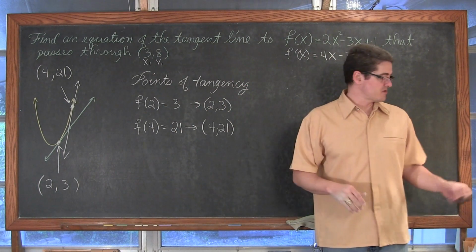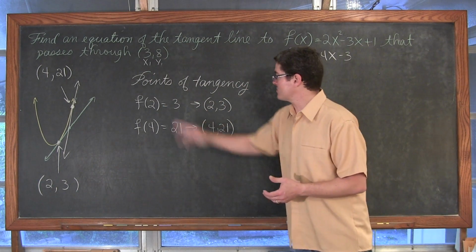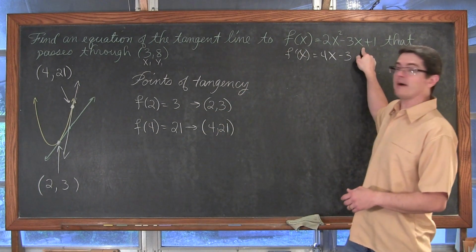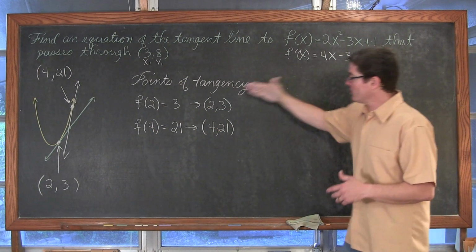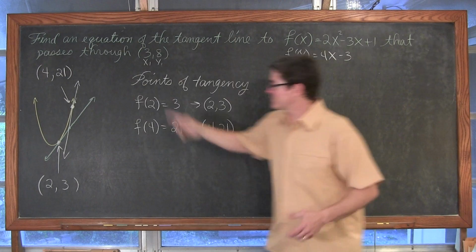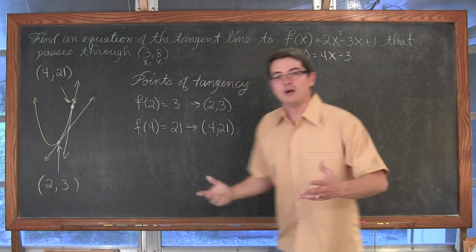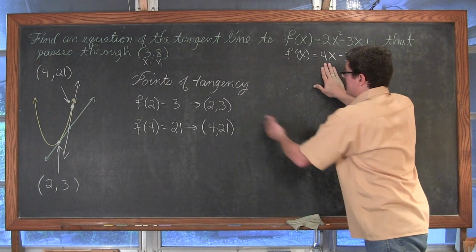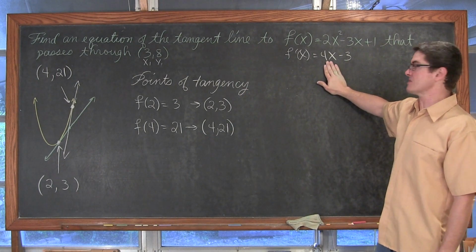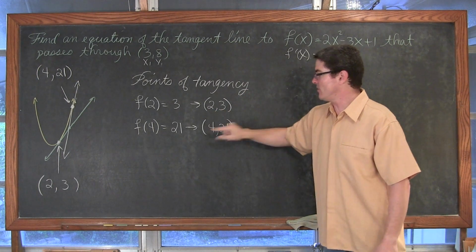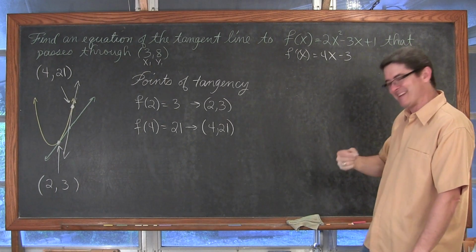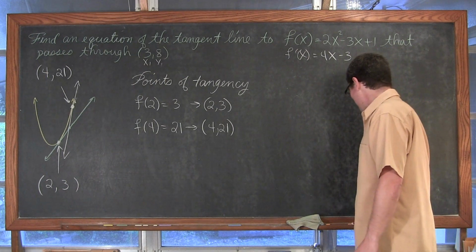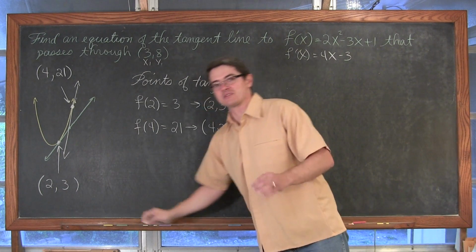I found our points of tangency by taking our 2 values of 2 and 4 and plugging them back into our original function. So now we've got 2 points. That means we're going to have those two tangent lines again. And we have slope. Now I didn't write the slope out yet for each of these lines, but the derivative is going to tell us the slope at the x-coordinate of 2 and at the x-coordinate of 4 as I work out these problems.